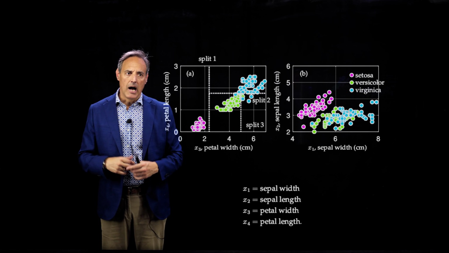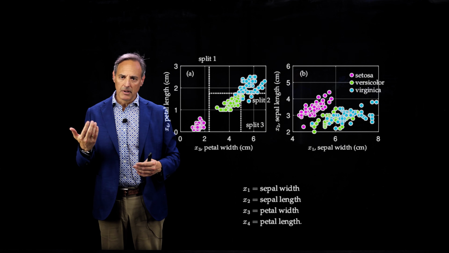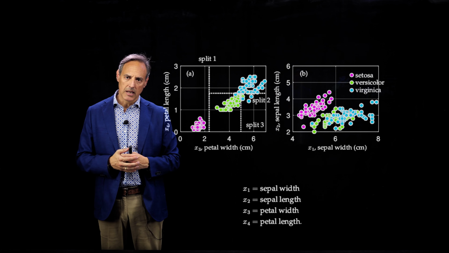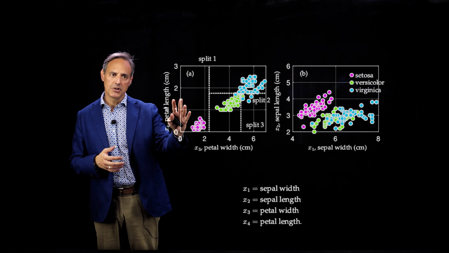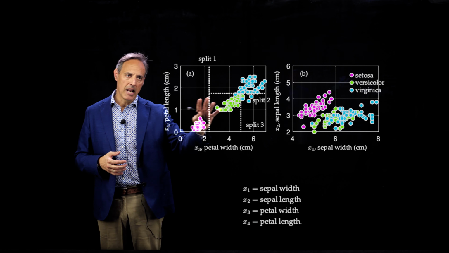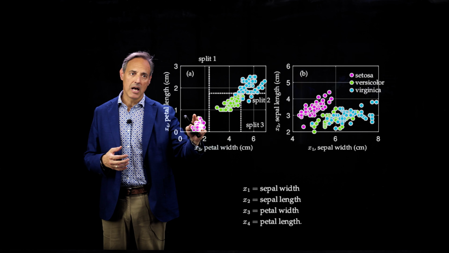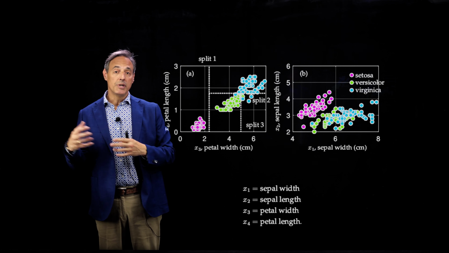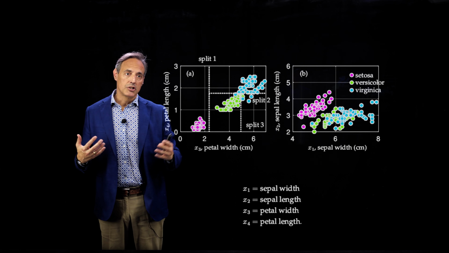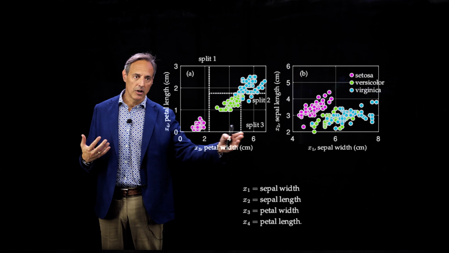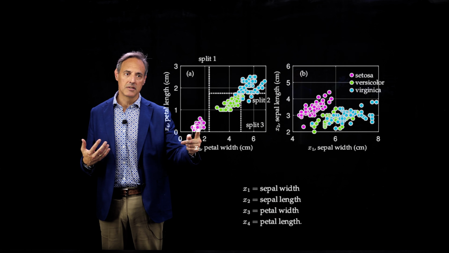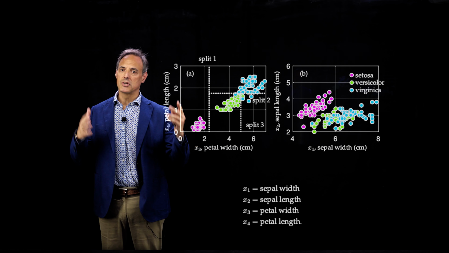I now have the ability to walk through all the variables again and say, where do I want to make my second split? Now I've got this region and this region, and in each region I start doing the splitting. In x1, I don't have to do any more splitting. Just splitting along this x1 direction, I get this magenta group all by itself.